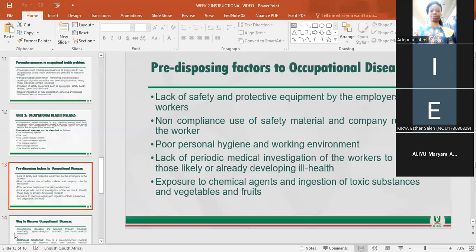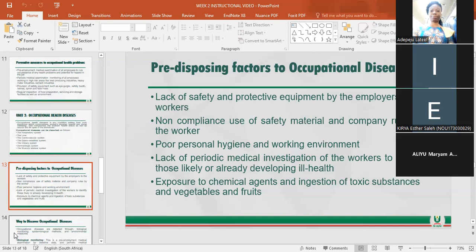So hygiene is another factor. Poor personal hygiene, in the environment or by the individual, can also predispose an employee to any of the earlier mentioned occupational health diseases. Another is lack of periodic medical investigation of the workers to identify those likely or already developing ill health.